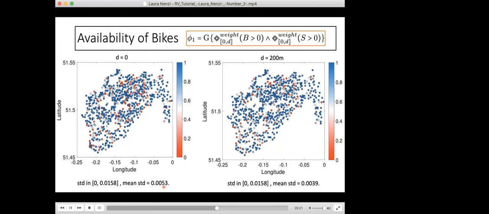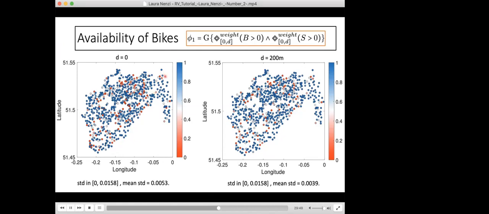Here you can see the value of the satisfaction probability that goes from 0 to 1 in the legend. The locations in red are the ones that do not satisfy the property, with a probability equal to 0, and the ones in blue are always true in all the runs.